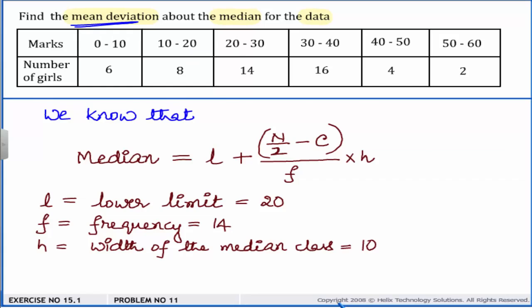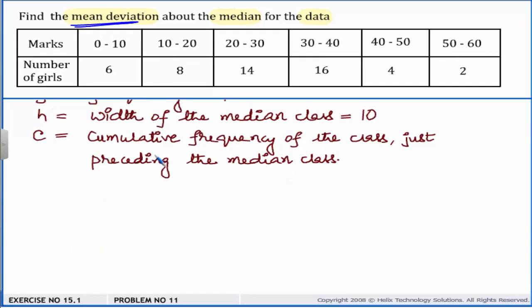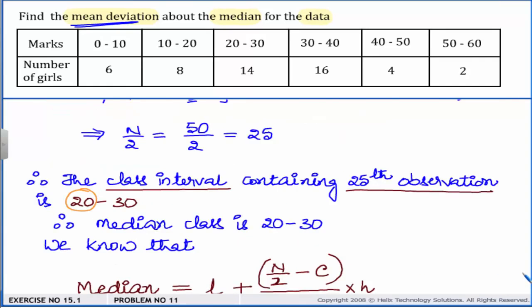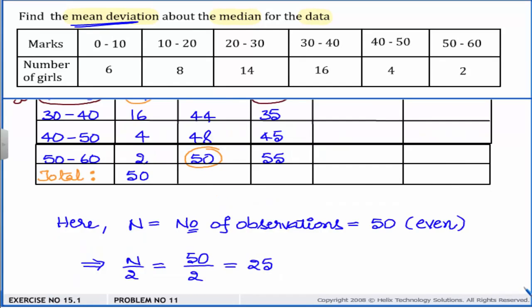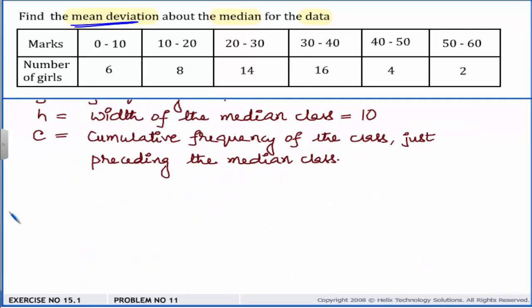Capital C equals cumulative frequency of the class just preceding the median class. So let us see the value of capital C. Here we have, this is the median class, that is 20 to 30, and the cumulative frequency, capital C, is 14. So this is equal to 14.